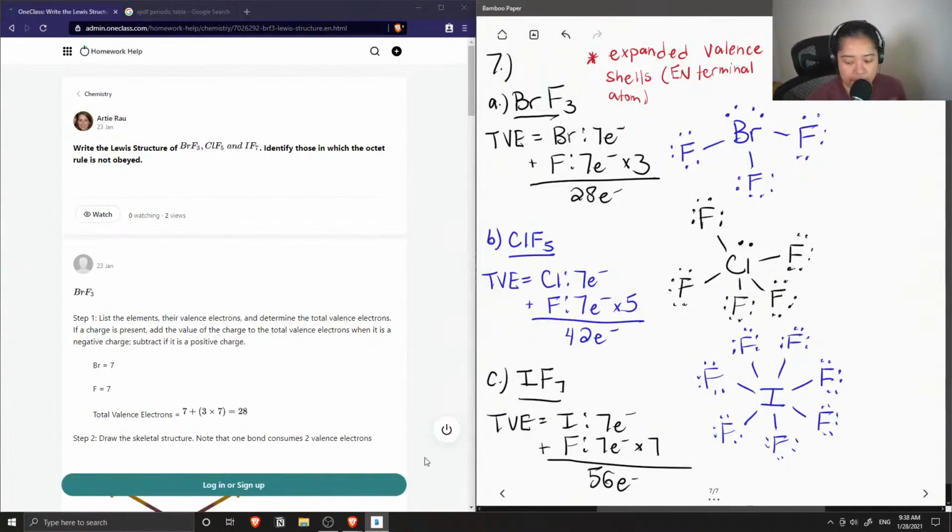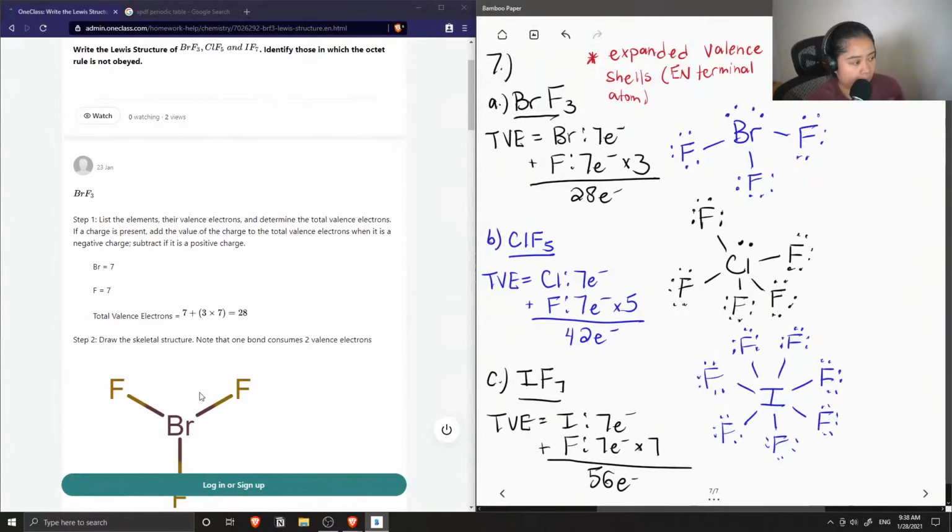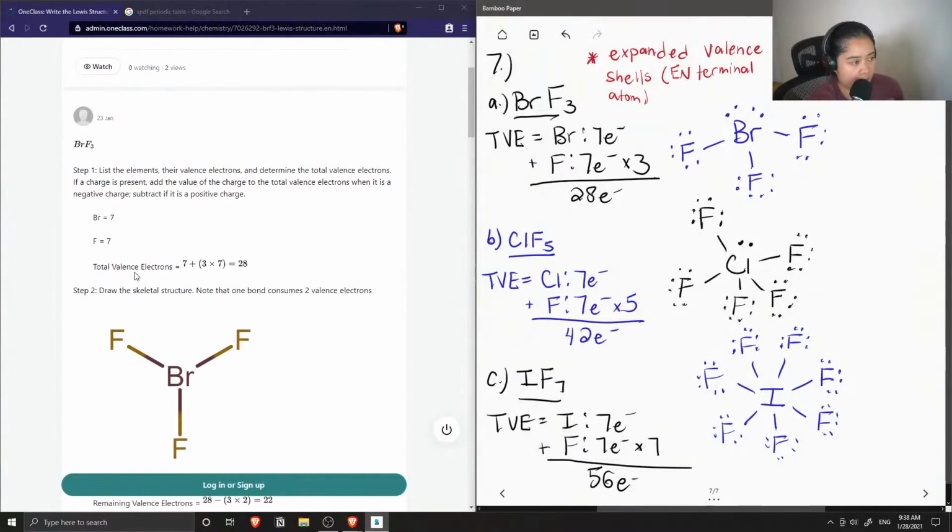So let's see what the junior tutor said. Step 1, list the elements, their valence electrons, and determine the total valence electrons. If a charge is present, add the value of the charge to the total valence electrons when it's negative, or subtract if it's positive.